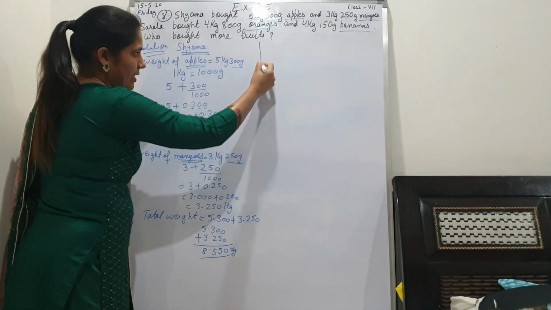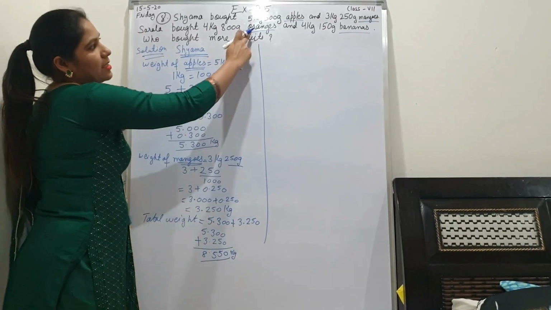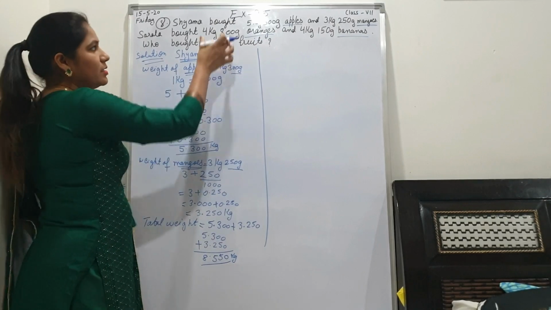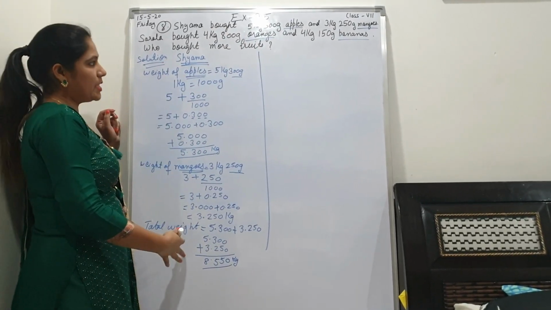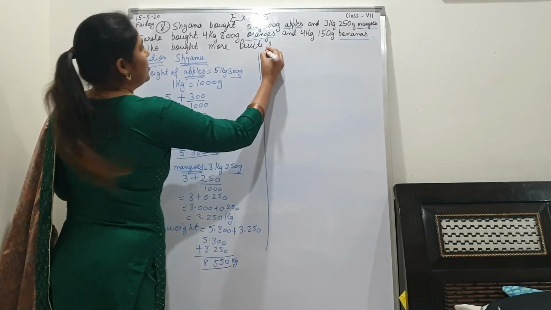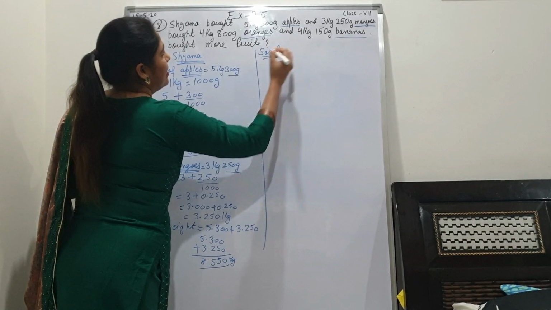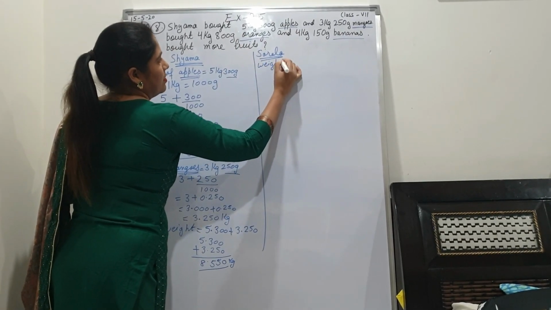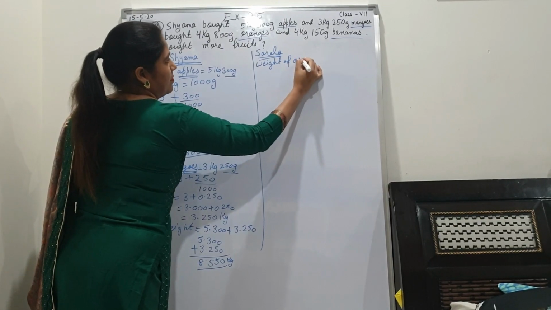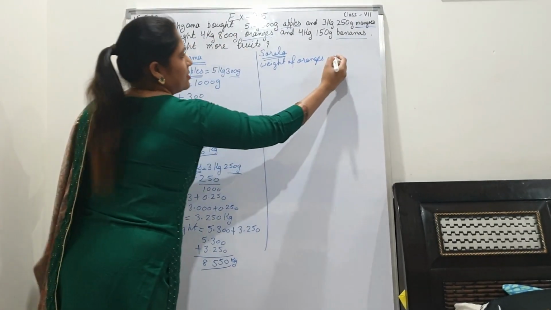Now I am going to write about Sarla. Sarla has taken oranges and bananas. So again we change the units and then we will add them in a similar way. I am going to write here the name Sarla. Now the weight of oranges is 4 kilogram 800 gram.